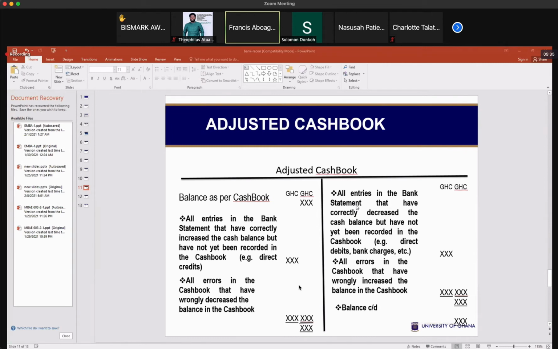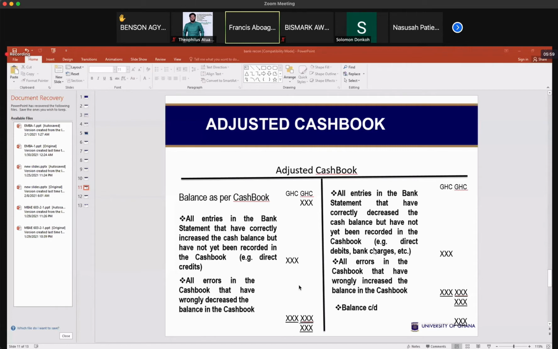It's a carried down that is brought down. So if the carried down is at the credit side, then the brought down will be at the debit side. If the carried down is at the debit side, then the brought down will be at the credit side. Is that okay? It's okay, sir. All right.